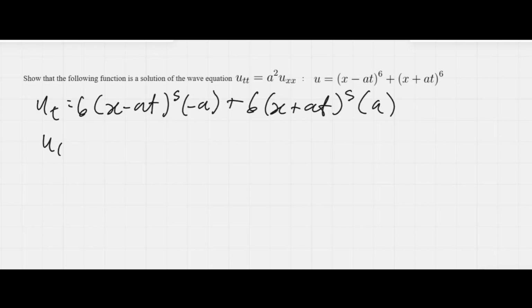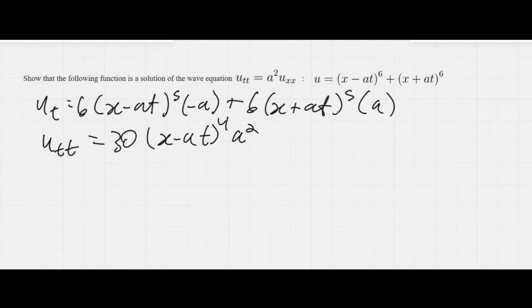Okay, we're going to leave this function as is. We're going to now find the partial derivative of that function with respect to t. Again, we're using the power rule, and it's going to be the same thing as we did before. It's going to amount to x minus at to the power of 4 now, because we're reducing that power, and then we're going to multiply this by the derivative of x minus at, which is negative a yet again, so we're left with a squared. That's very similar to the a squared over here.